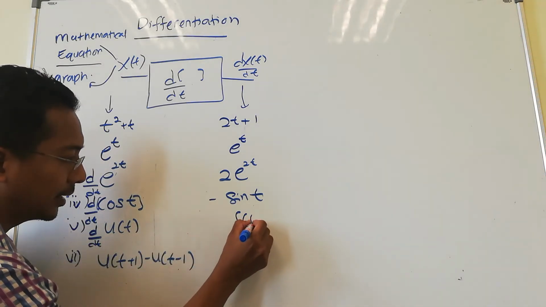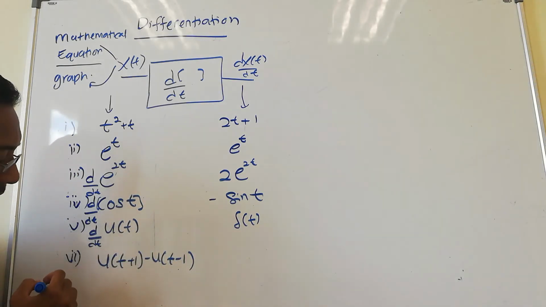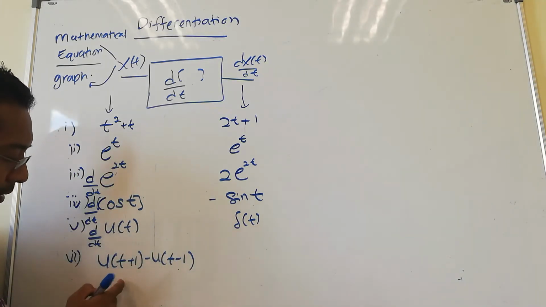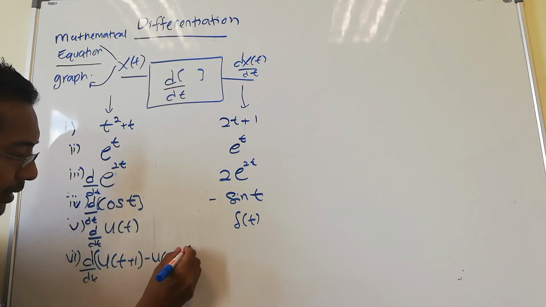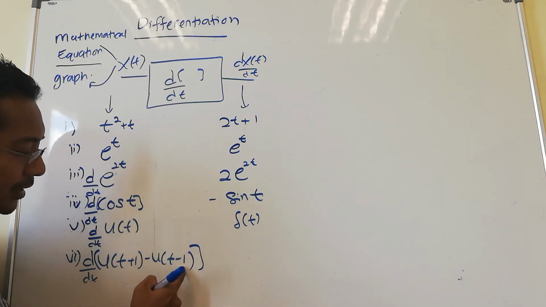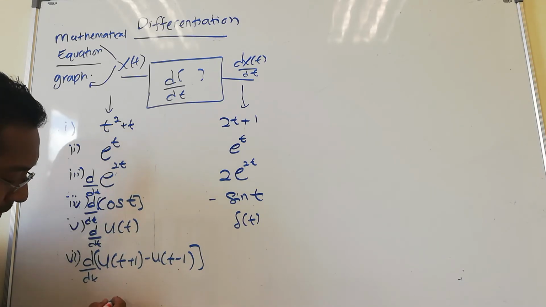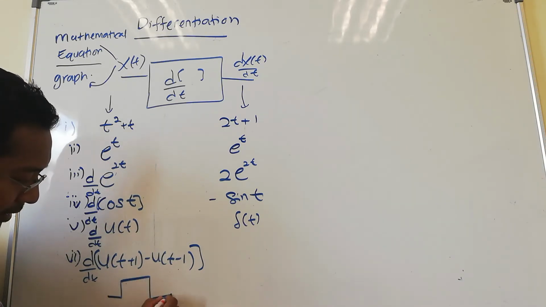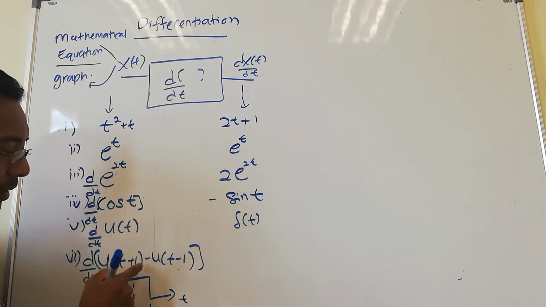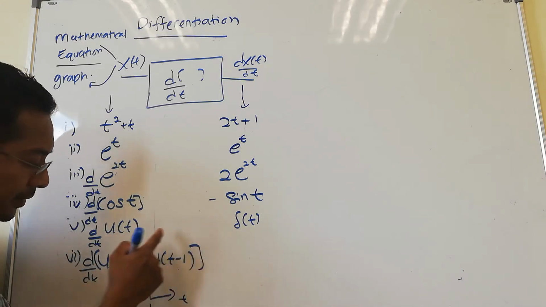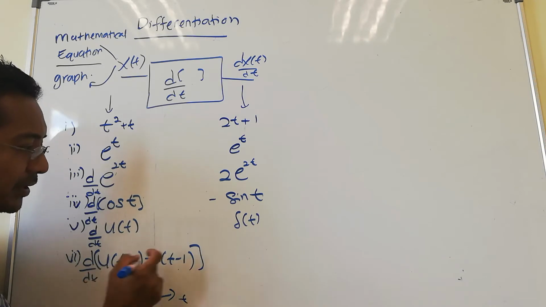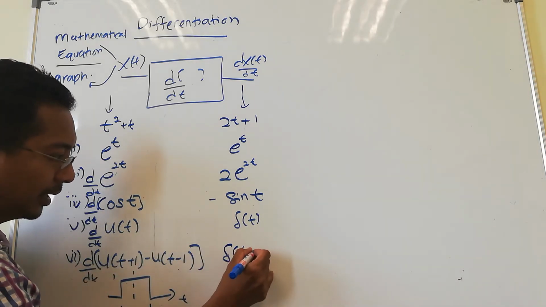And for this one, differentiation of u(t+1) - u(t-1), which is our rectangular function from -1 to 1, since differentiation of u(t) is the impulse function, of course we will get the impulse function: δ(t+1) - δ(t-1).